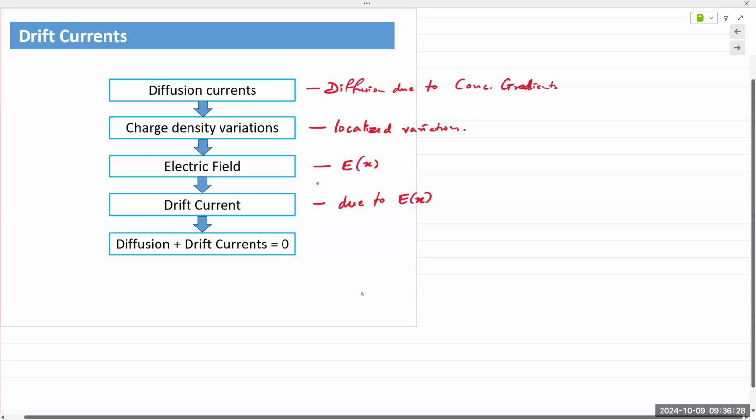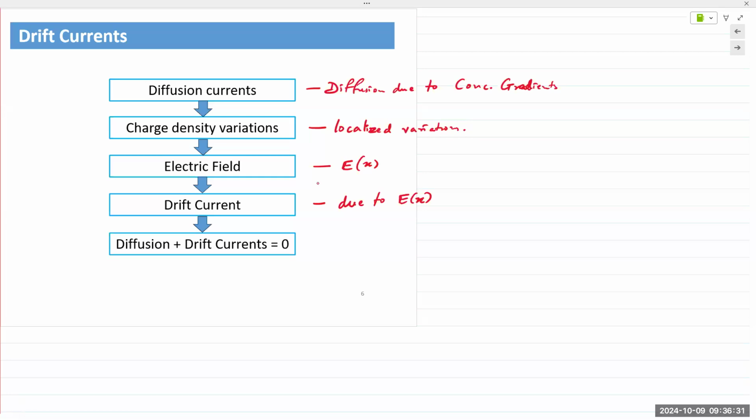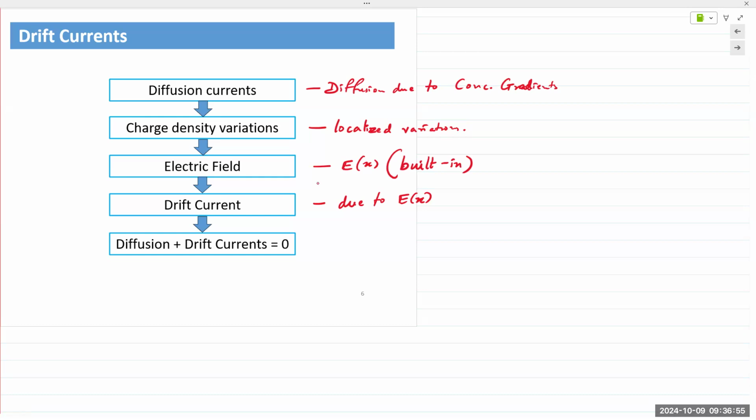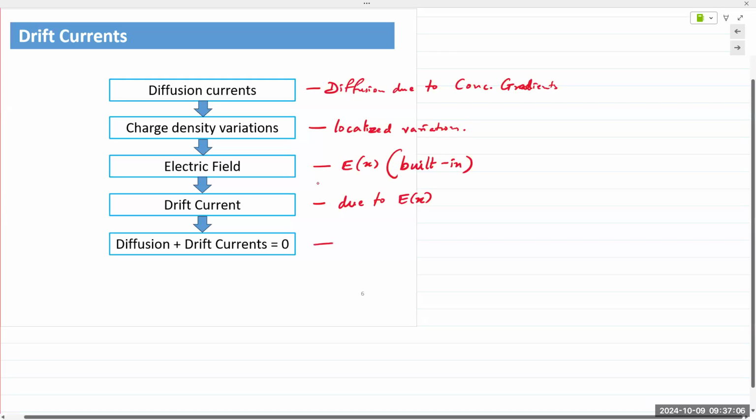And drift current is, of course, the motion of electrons and holes in response to an applied electric field. In this case, we are not applying an external electric field. This electric field is built in. It's self-generated. And then, of course, because they are competing mechanisms, a balance is reached, and the total current after a certain point is zero.